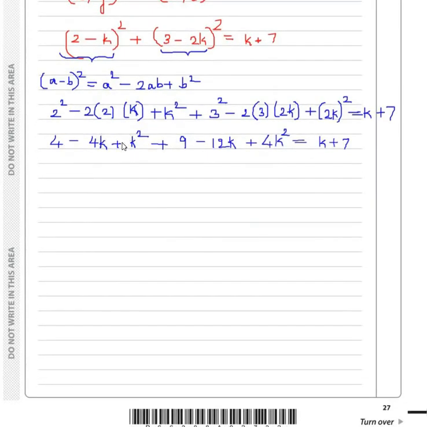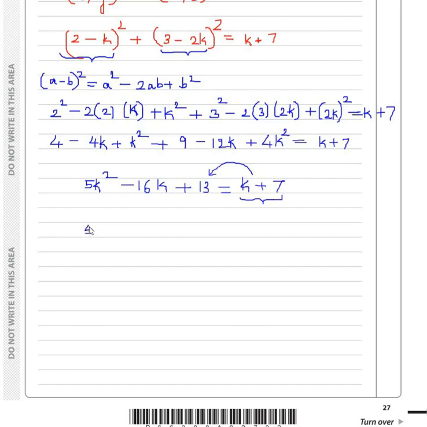Simplifying and combining the like terms, we get k squared plus 4k squared is 5k squared. Then we have minus 4k and minus 12k, that gives us minus 16k. 4 plus 9 gives us plus 13 equals k plus 7. So let us bring these two terms to the other side.